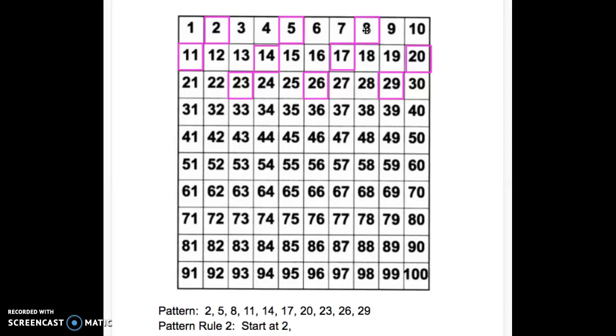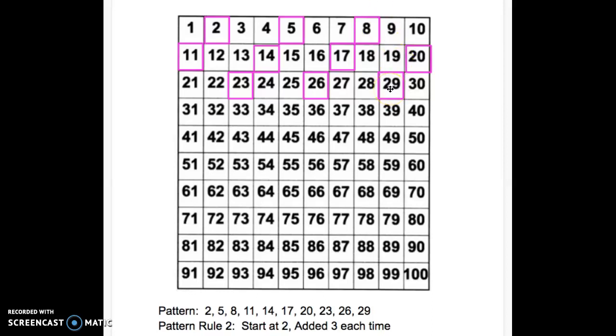I notice that I added or counted on by 3 each time, because 2 plus 3 equals 5, 5 plus 3 equals 8, 8 plus 3 equals 11, and so on and so on. So this could be a pattern rule that could, again, help me figure out the rest of the pattern.